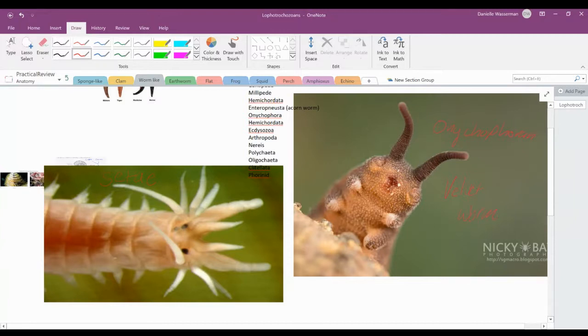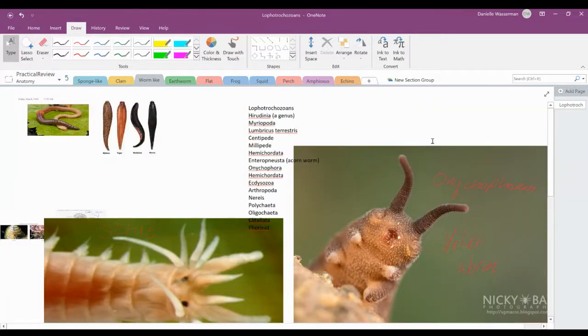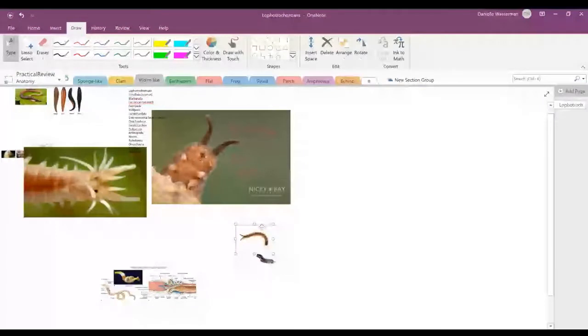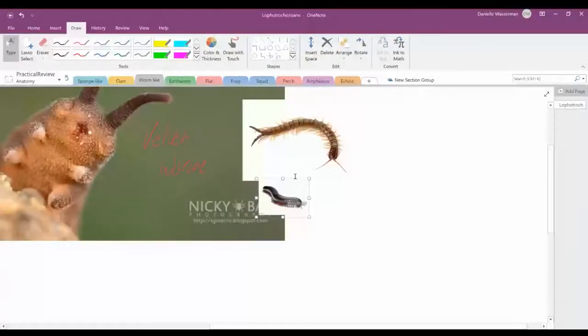And it has a much more complex body plan. So ecdysozoan is what these are as well. So that's something that these have in common.